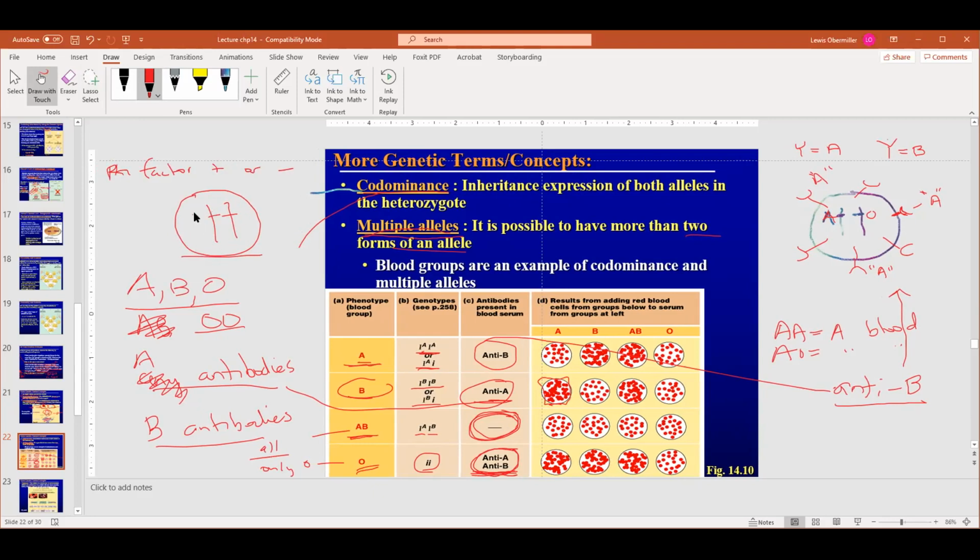Let's say that you have RH factor here, it's plus, you're going to make a receptor for RH. And you could have a plus on this one, and you'd make double the amount of receptors, right? So you could imagine that you wouldn't want to make antibodies if you're RH plus, because it would attack your own cells.